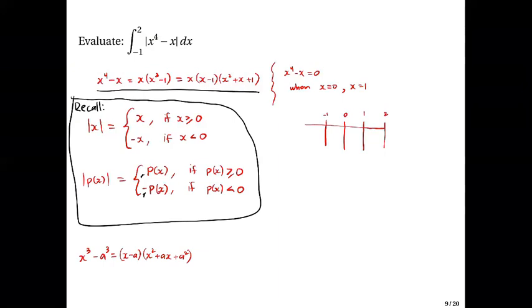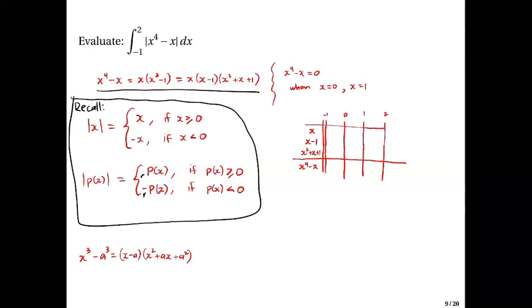And then what are your functions? You have your x, you have your x minus 1, and you have that x squared plus x plus 1. If you multiply these three guys here, you'll end up with x to the 4 minus x.